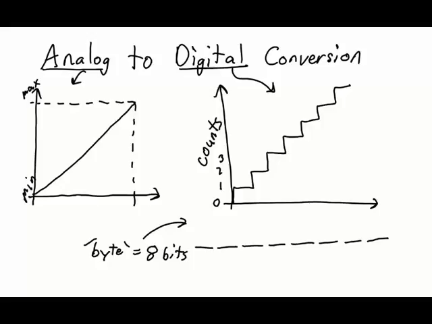So the lowest value that can be represented is the number 0, where all of the bits are 0. The largest value that can be represented with our byte is the value we get when every bit has the value 1. What number is represented by this 8-bit byte where every bit has the value 1?